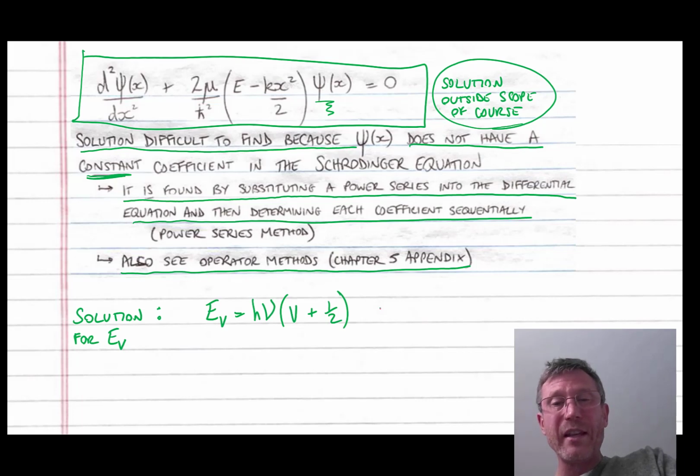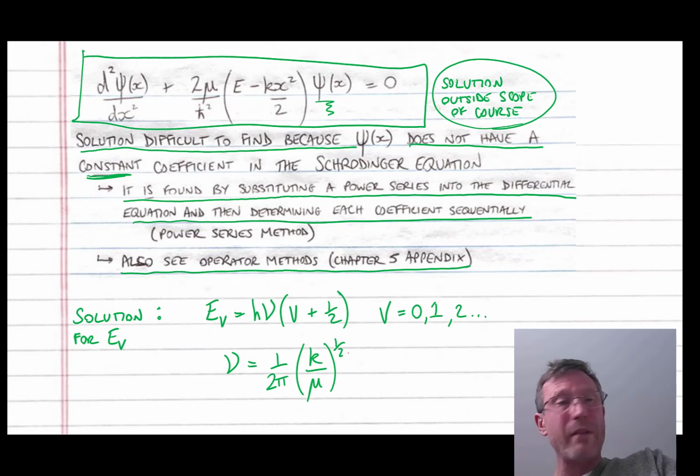It's important to know what these things are. V is the quantum number. So a quantum number, we'll later see this quantum number comes out of the solution, out of the mathematics. So that's important. We're also, there's this new term in here, nu, and that's equal to 1 over 2 pi. And we've got the force constant K and the reduced mass in here. And that's the square root of that. So let's make sure we clarify what these things are.